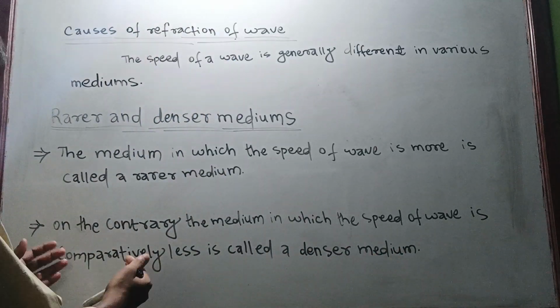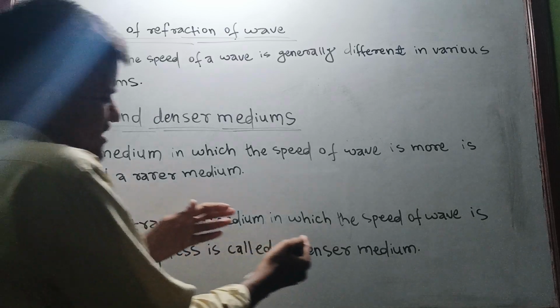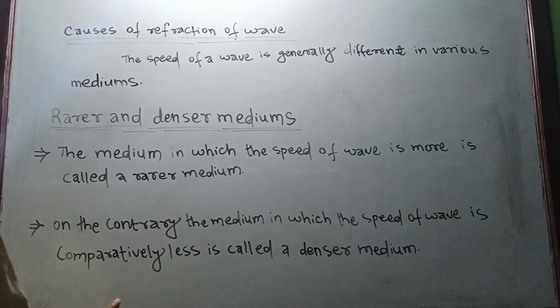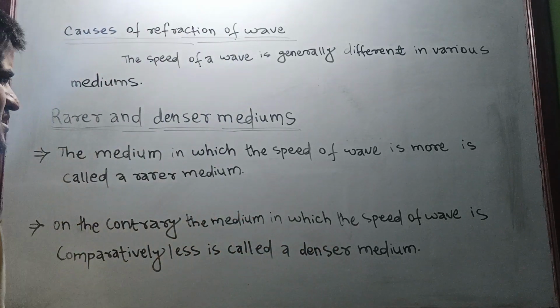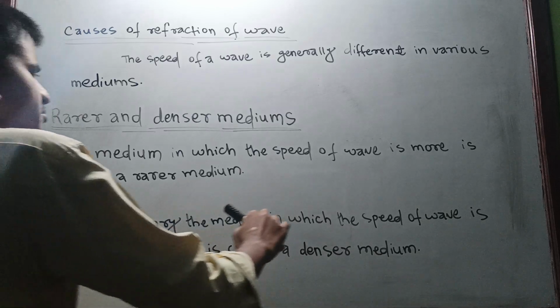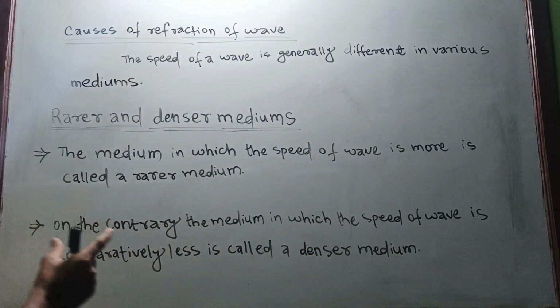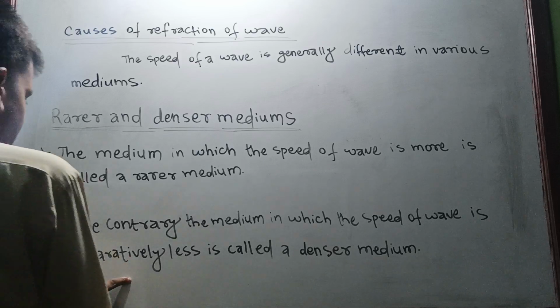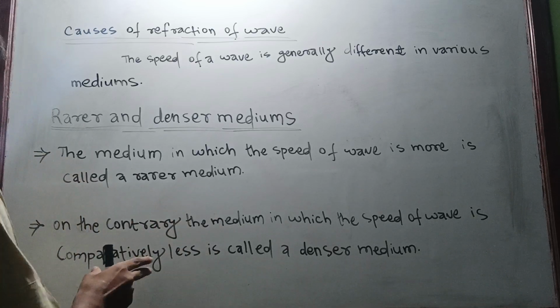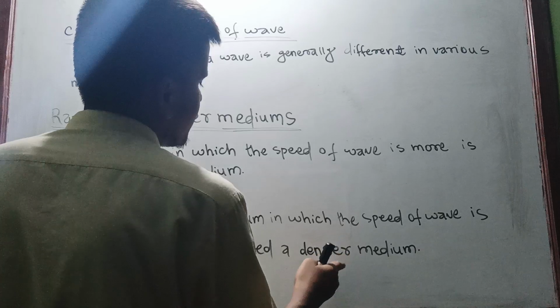So comparatively, relative to the rarer medium, if the speed is slightly less, then it is called a denser medium.